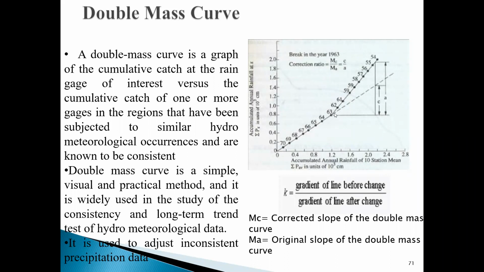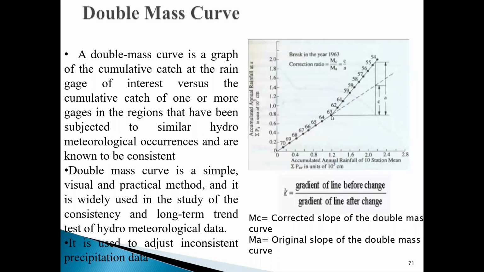So these are the rainfall recorded. It should have been like this. But due to the change in the surrounding environment of this particular station, the rainfall recorded values have deviated from the straight line. You can see this deviation. Up to this point at station X, you have a consistent record.